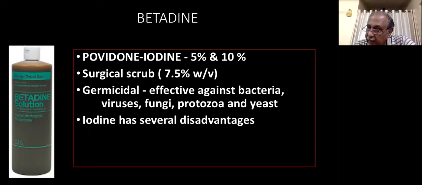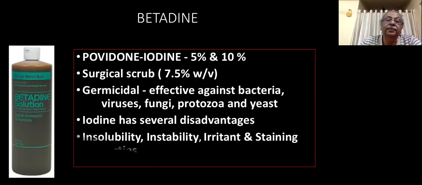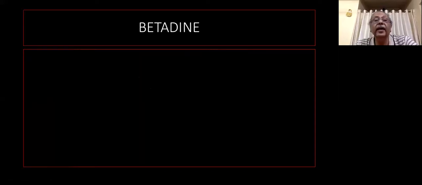Iodine has been used for years or even centuries for the same purpose. Why are you not using iodine nowadays? Because of three properties: insolubility, instability, and irritant and staining properties. Iodine is insoluble, it is unstable, it is irritant, and it causes staining. These are the disadvantages of iodine.